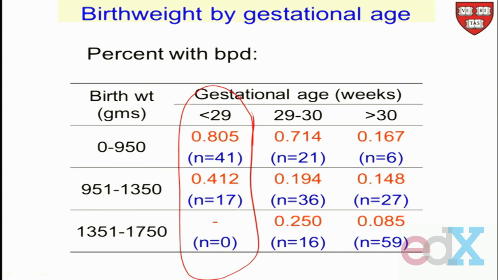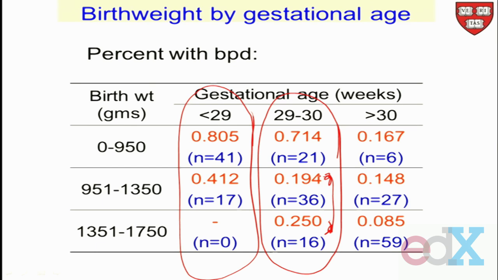Now, if we just constrain ourselves to the less than 29 weekers, we see that birth weight does impact the proportion with BPD. If we constrain ourselves to the 29 to 30, it looks like this is a little bit in the wrong direction, but both are less than what happened in the less than 950 gram category.